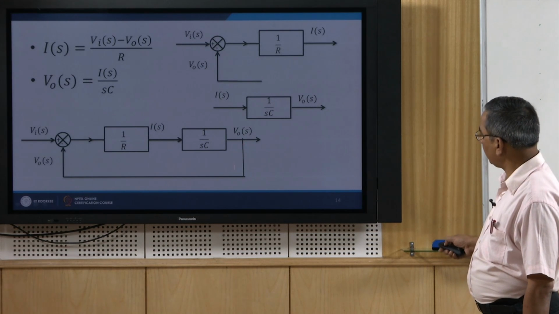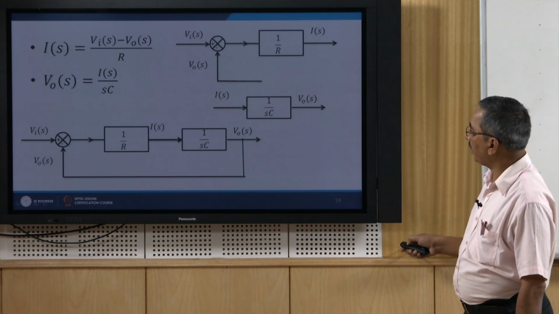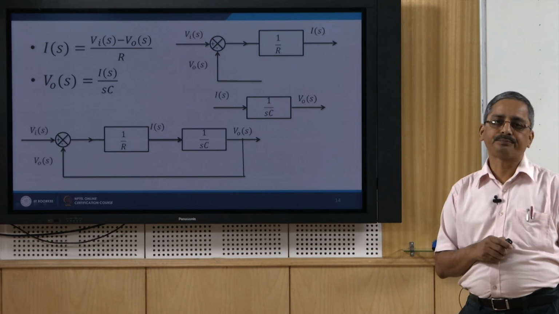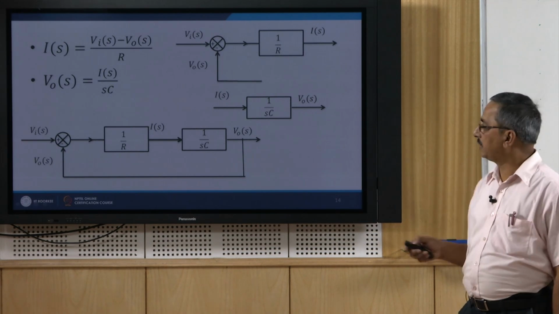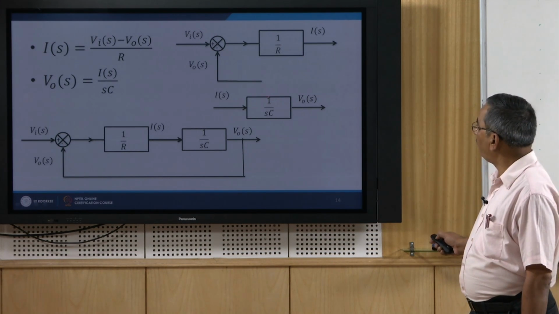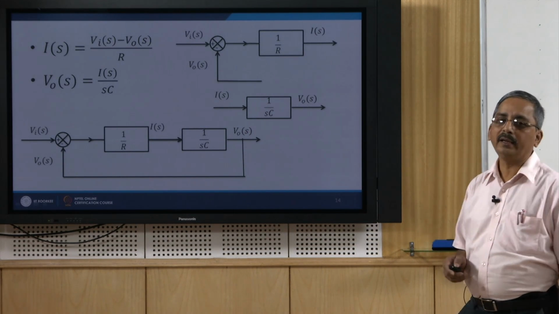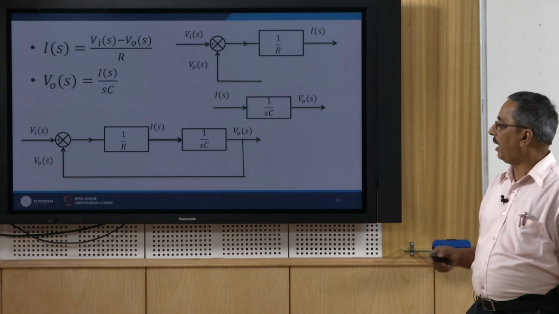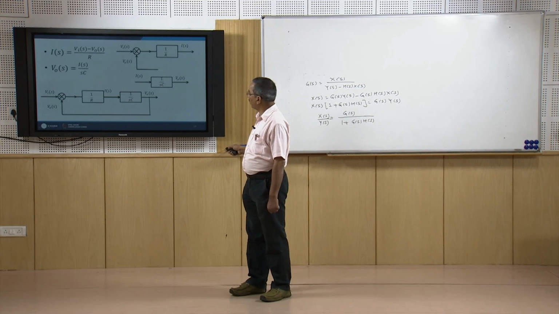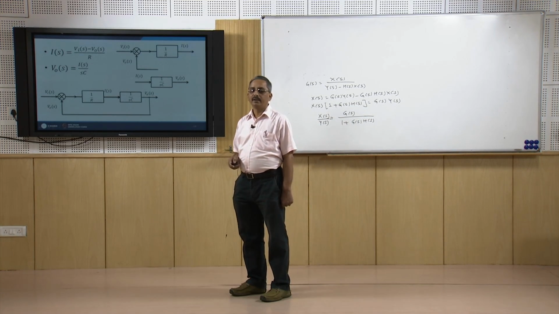So, I just take a signal from here and subtract it through Vo(s). This way I can combine both of these block diagrams to make a single block diagram, and of course, this single block diagram represents the block diagram for the whole system.